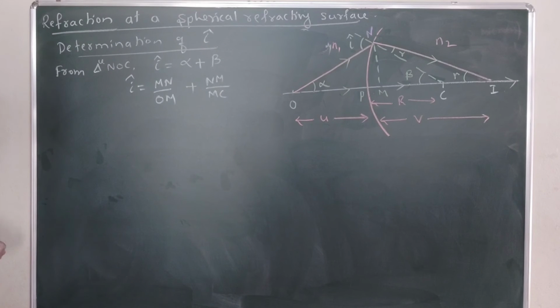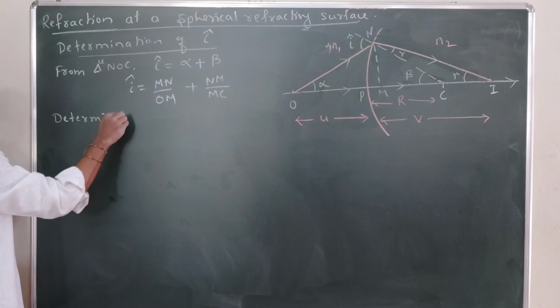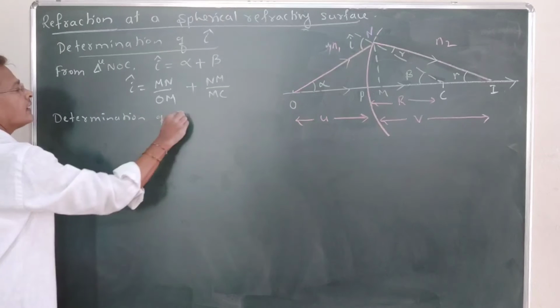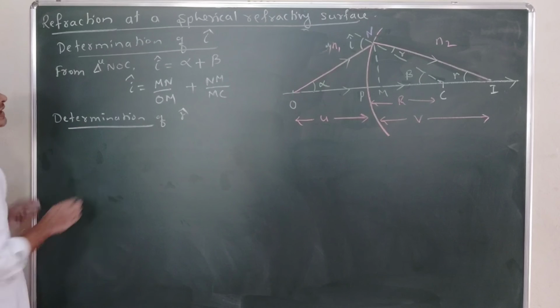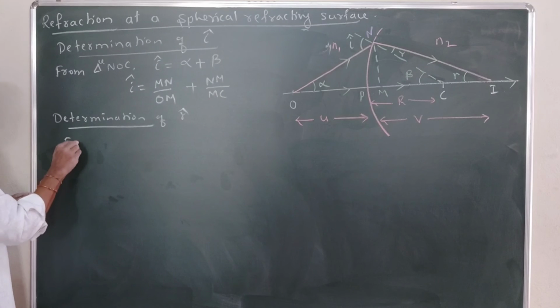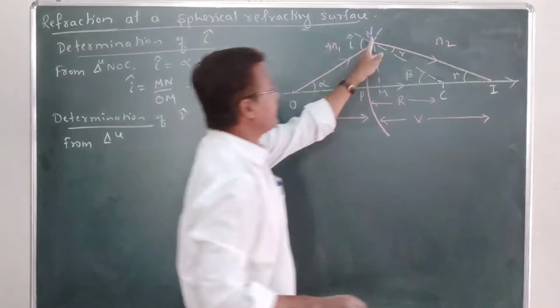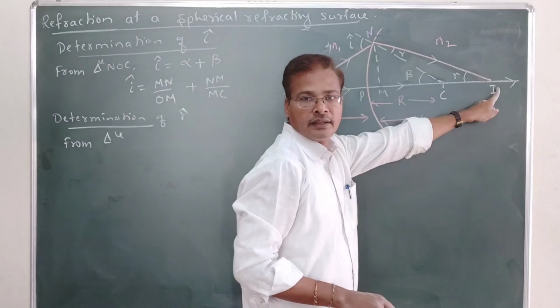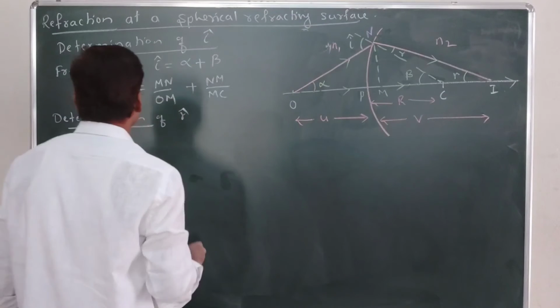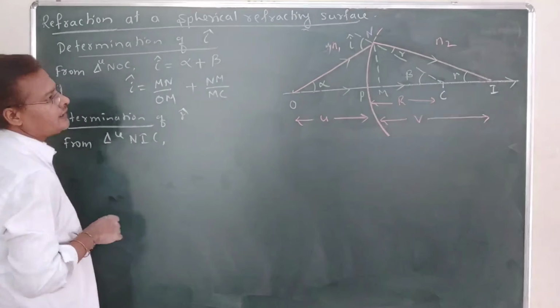Similarly, we are also determining the angle R. For that again we are choosing one triangle. So that triangle is NCI.